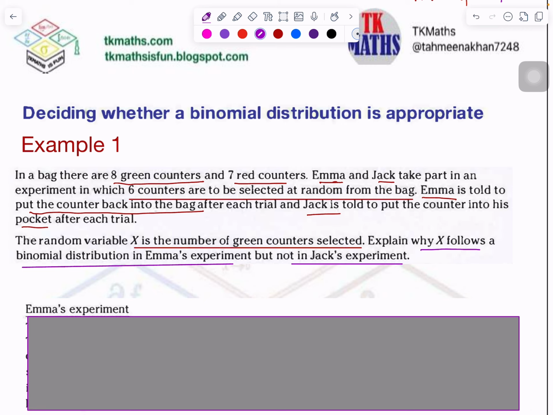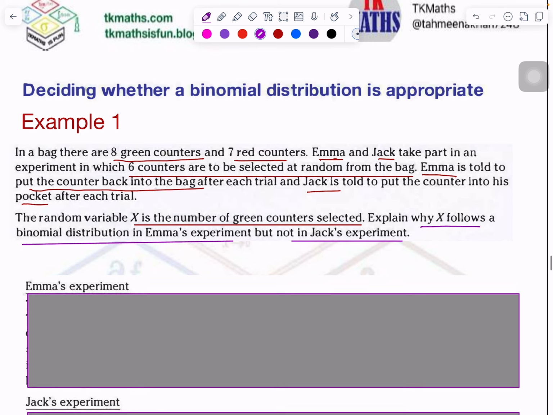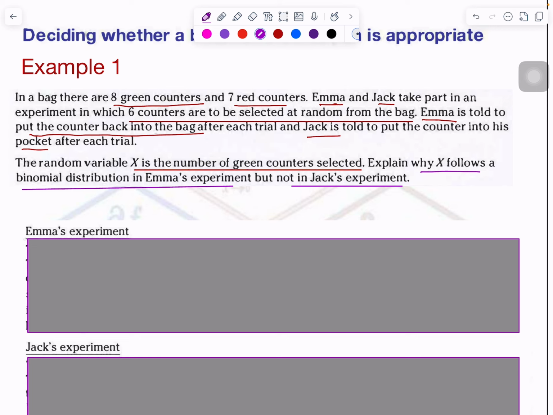I will show you the explanation I have written, because writing could take longer. But you can tell yourself and then we will check. So you are absolutely right. Out of the conditions we have seen, in case of Emma, what is happening? She is putting the counter back into the bag. So the total number of counters is not changing, and every time she draws it out, the probability of green will remain the same, which is 8/15.